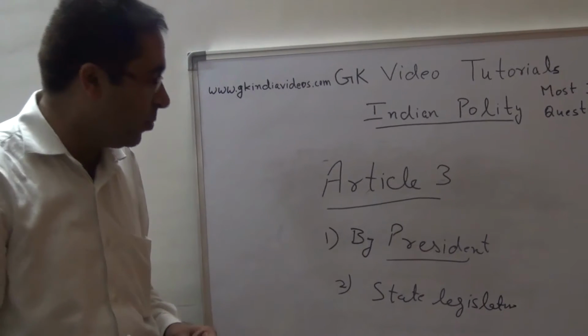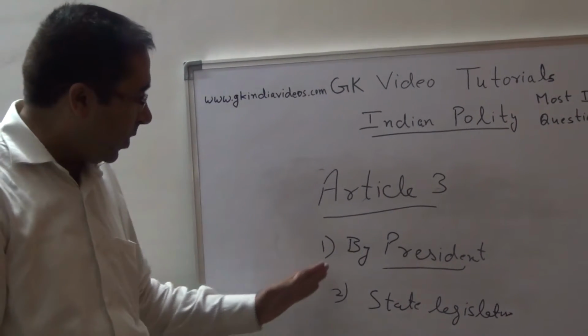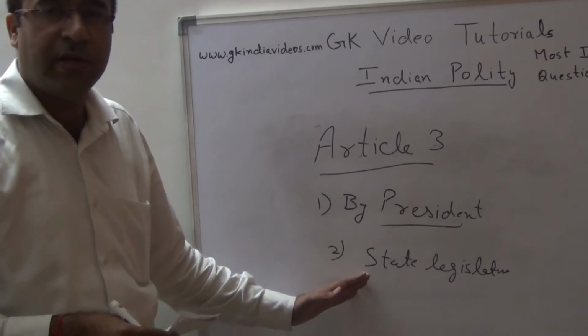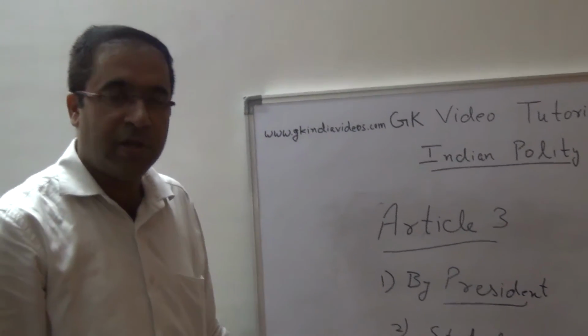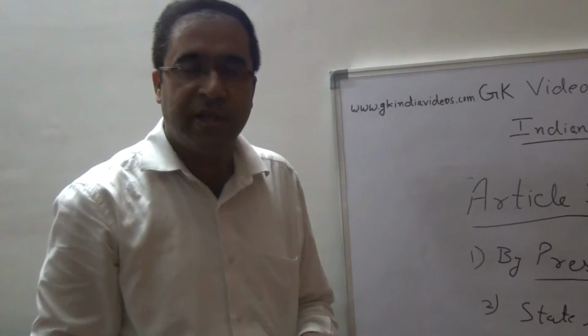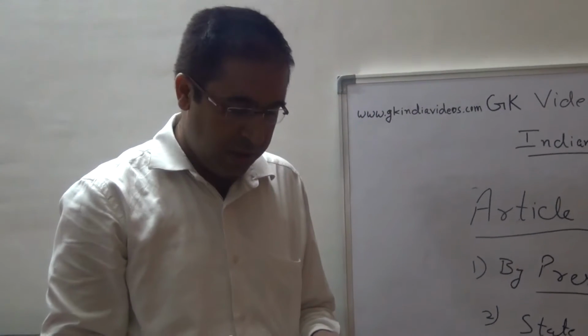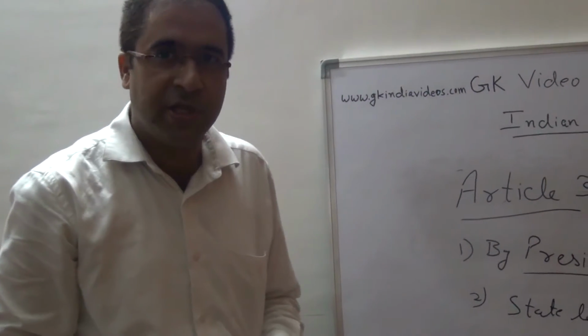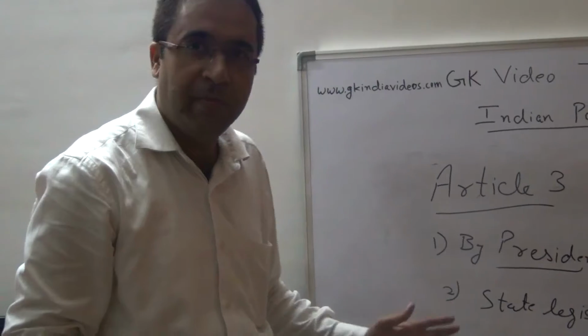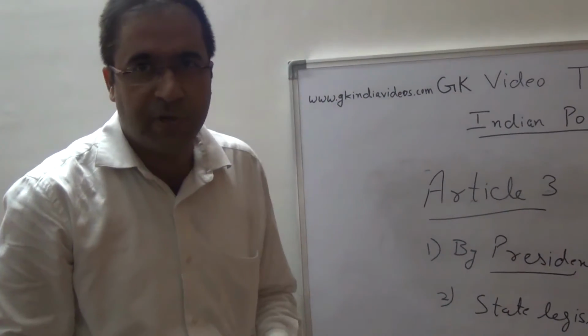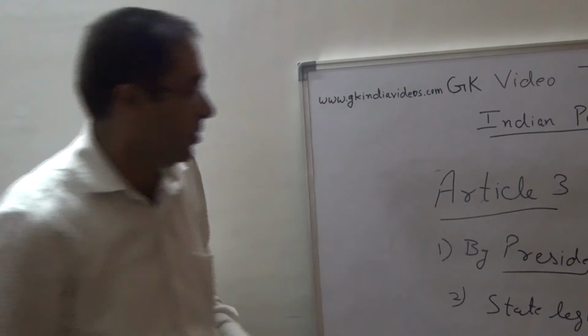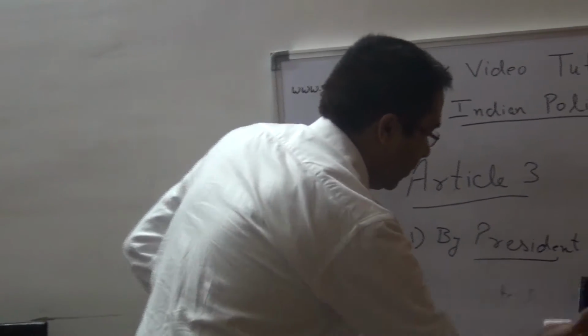But the important point is that he is not bound by the views of the state legislature. But the other important point is that in the state of Jammu and Kashmir, the consent of the state legislature is required to alter the name or to change the boundary of the state of Jammu and Kashmir. That is a very important point.